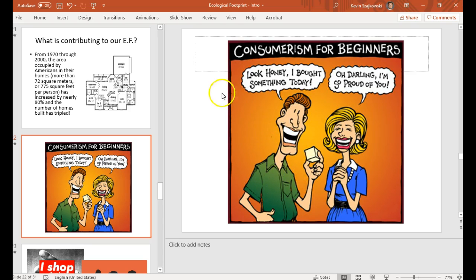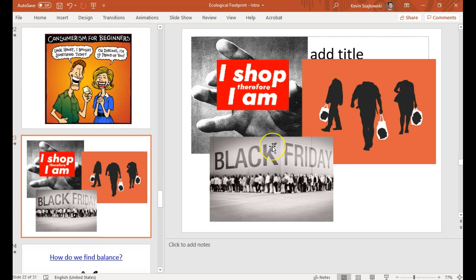And so we started this whole process off, or very early on, we were asking you to look at different ways that we consume resources and the amounts of resources that are consumed. And now we're asking you to connect that idea to the ecological footprint. Because we consume as much as we do for our wants in North American society, we have a much bigger footprint than anywhere else in the world.